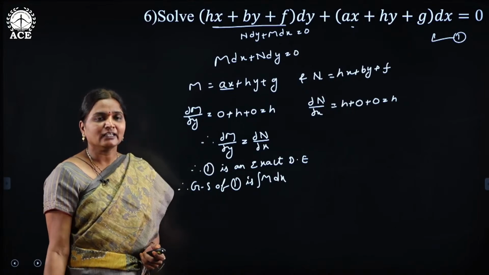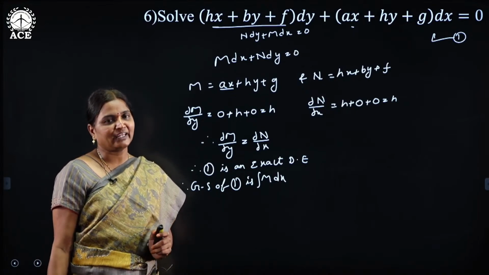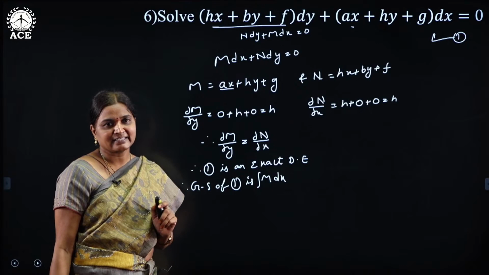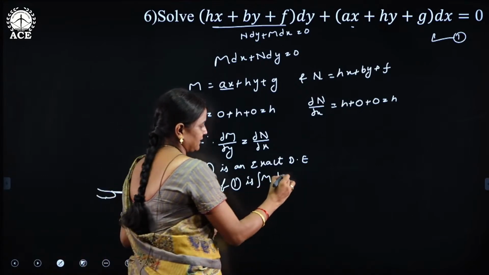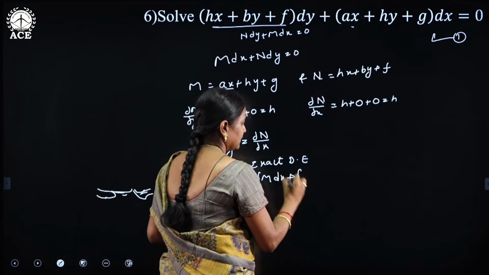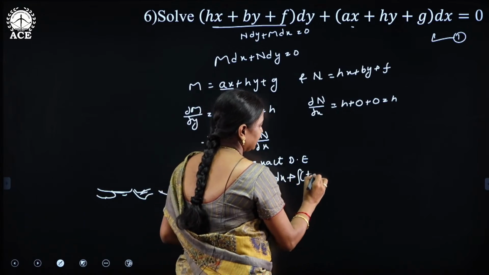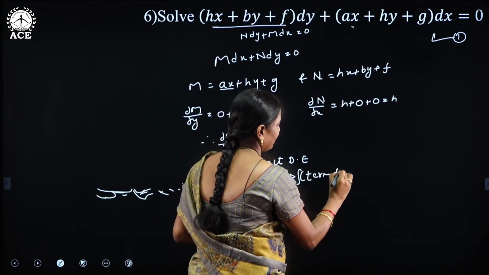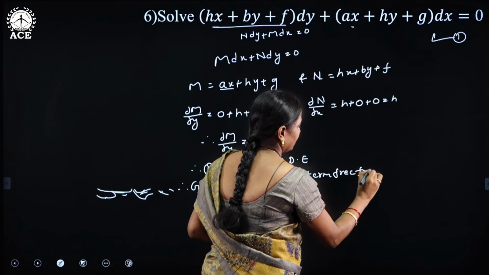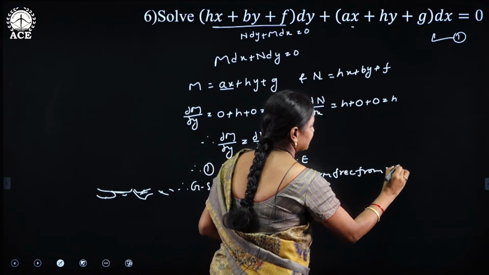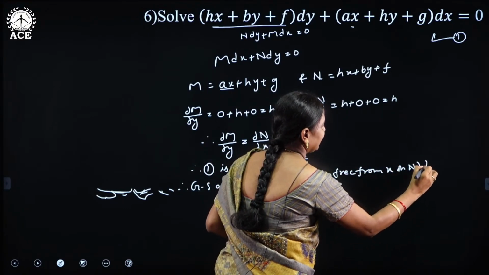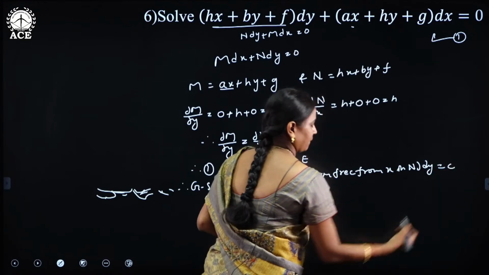Here M is a continuous function of x and y. That means treat y as a constant, plus the terms free from x in N dy is equal to c.